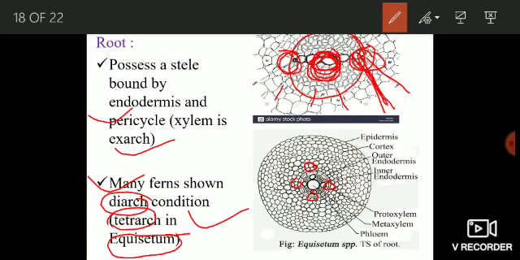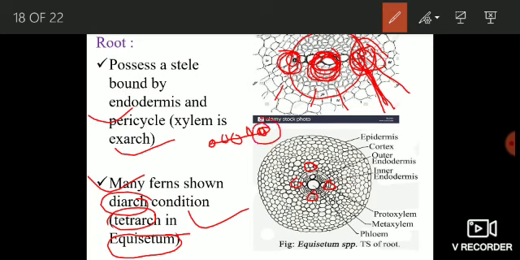Now one more important point about the root anatomy of pteridophytes is that many ferns show diarch condition. They show diarch condition of xylem. It means in the xylem you have two distinctive protoxylem groups, one and second. I will tell you, for example, this is one protoxylem group and this is the second protoxylem group, and here in the middle you have metaxylem.